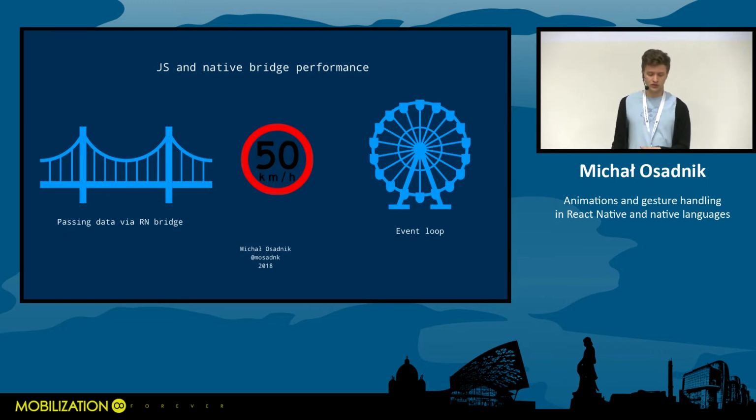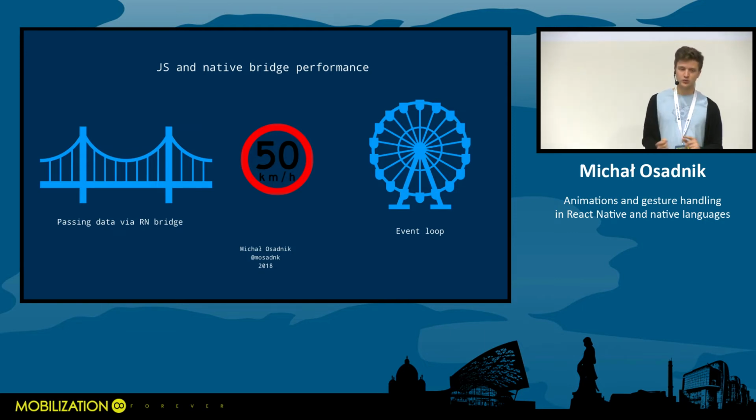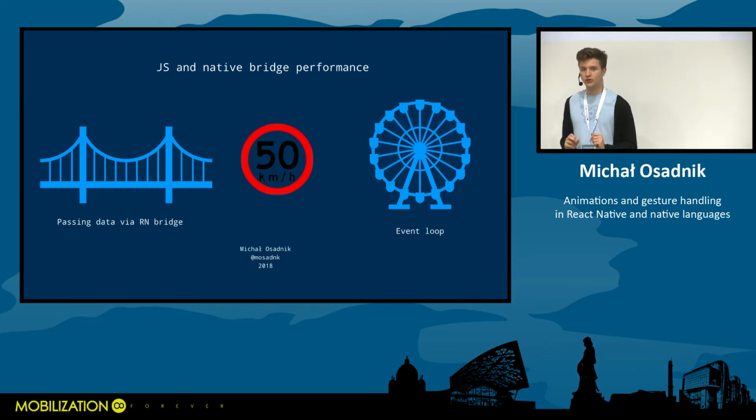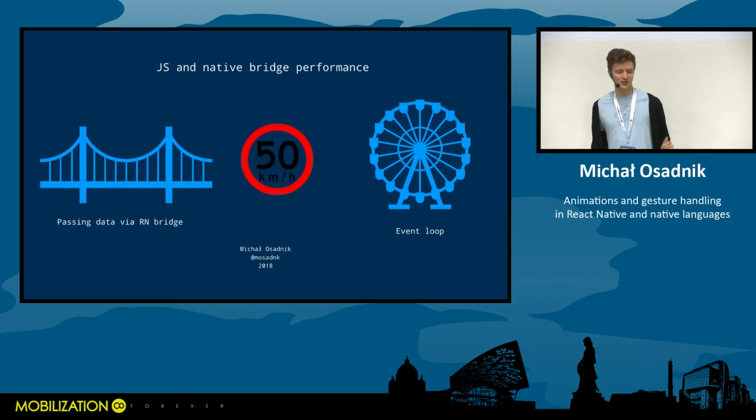So it has to be copied, and it's a bit time-consuming. And anticipating the next part of this talk, UI Manager is also part of the native React module, and performing UI operations is sometimes not very smooth when we decide to use JavaScript for it. Especially, it's not a very good idea to evaluate each frame in React Native, but I will talk about it a little bit later.